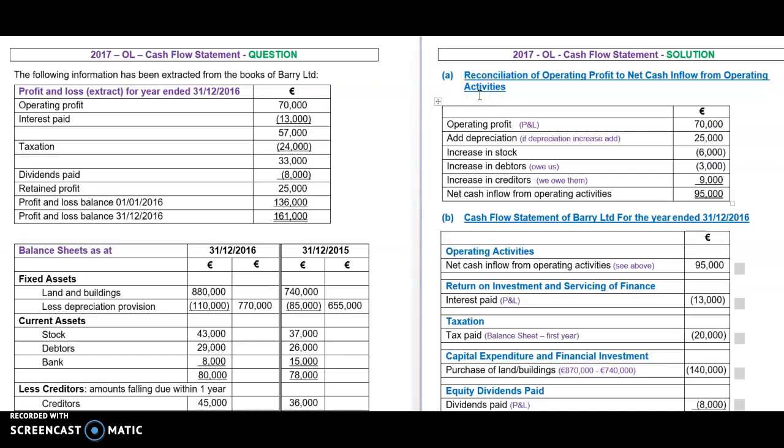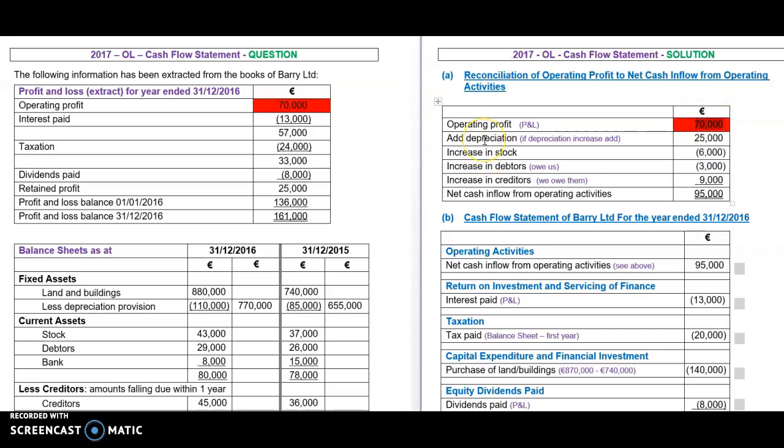In part A of the question we have to do a reconciliation of operating profit to net cash inflow from operating activities. Our first entry was operating profit, and that came from our profit and loss extract, which was €70,000.